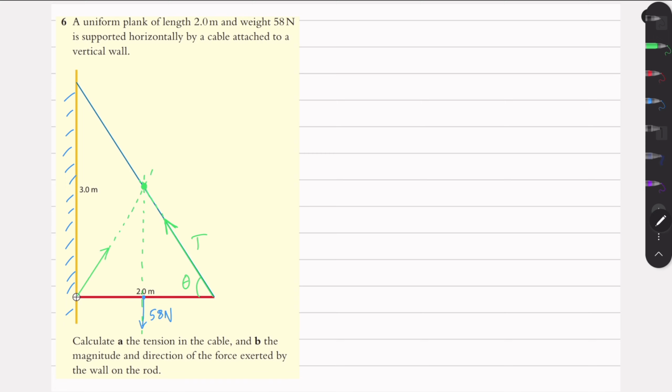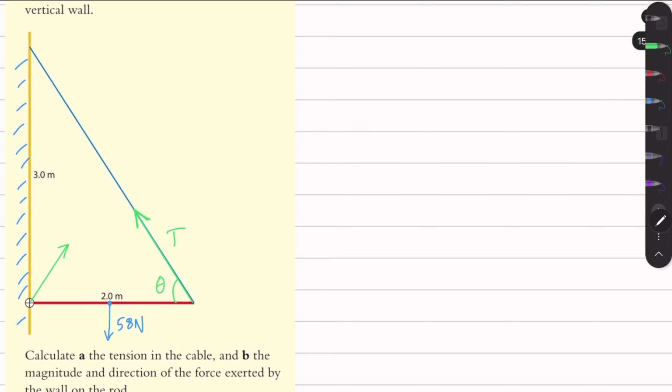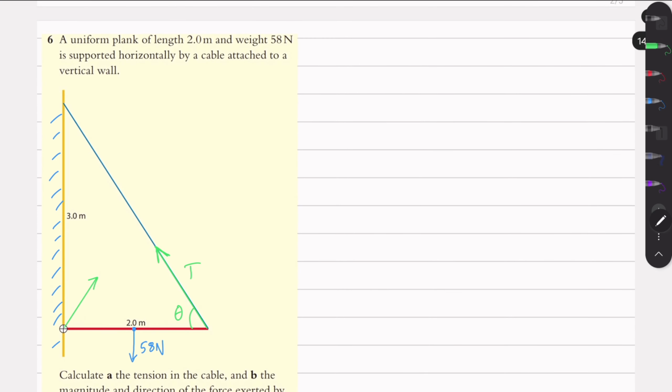Because then when we take torque about this point, all three forces will have a torque of zero because they pass through that axis of rotation. So that is how we know that the force from the wall will have to point in this way, like this.